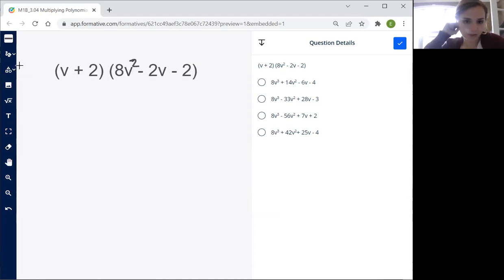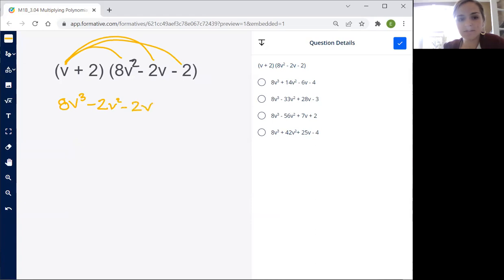Multiplying this one out, we have v times 8v squared, so that would become 8v cubed. v times negative 2v would be negative 2v squared. And v times negative 2 is negative 2v.